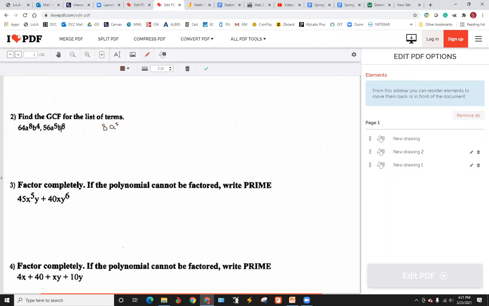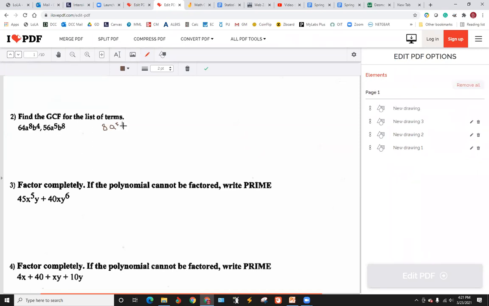And then the b's, smallest one. There we got it. Oh, yeah, you're right. It's b to the 4th, because it's the smallest power of b.